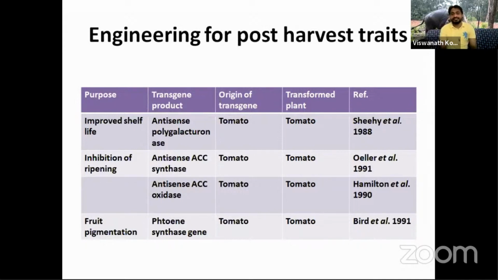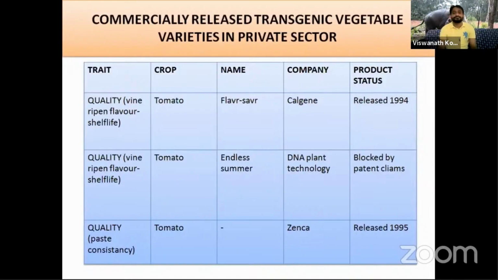Actually, ACC synthase and ACC oxidase are enzymes in the ethylene pathway. Ethylene is a ripening hormone. Ethylene is responsible for the ripening. So these enzymes are in the ethylene biosynthesis pathway. By blocking the genes of ACC synthase and ACC oxidase, we can block the ethylene production, and we can slow the ripening, and we can increase the shelf life.